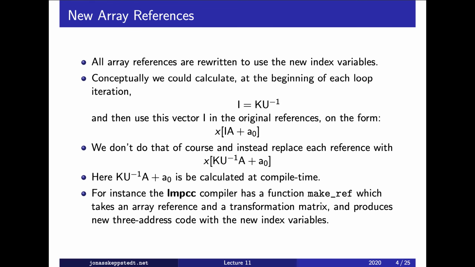This is really neat. We have this U matrix and its inverse, and we can take each reference in the code, which is expressed with A and A0, the vector, and simply generate a new reference. What I mean is new 3-address code expressed with the k index variables.